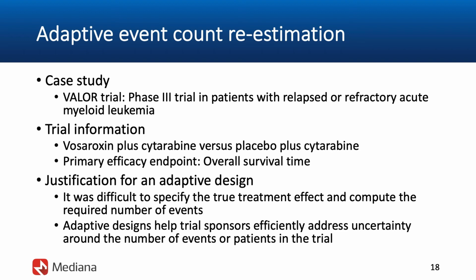So if the sponsor is interested in improving the probability of success, given the interim analysis results, they would increase the target number of events in the trial. This kind of approach would help the trial sponsor to efficiently address uncertainty around the expected effect size, in this case, the expected hazard ratio in the trial.